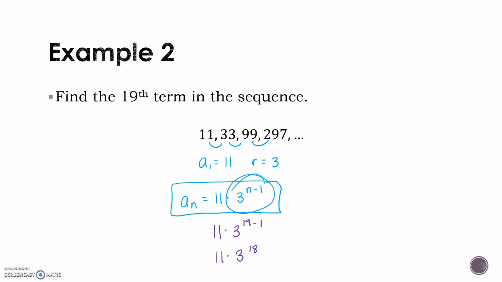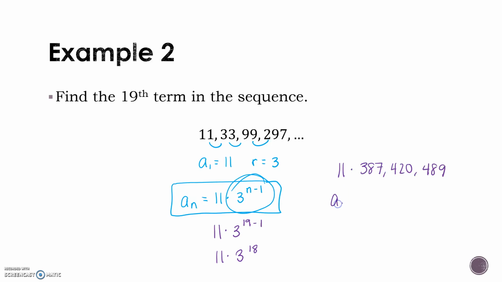If we do 3 to the 18th in my calculator, we get a really big number: 387,420,489. Then I multiply that by 11, and I get an even bigger number.